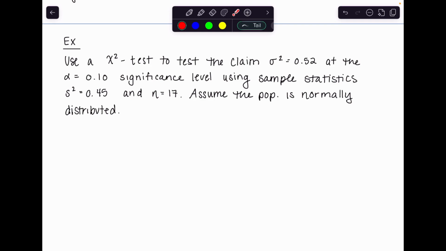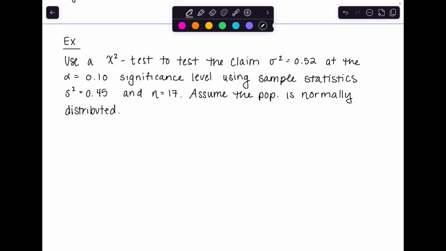It just gives us all of the different values. We want to use a chi-squared test to test the claim of sigma squared being 0.52 at an alpha equals 10% significance level, using the sample statistics of S squared being 0.45 and N being 17. And they tell us to assume that the population is normally distributed.